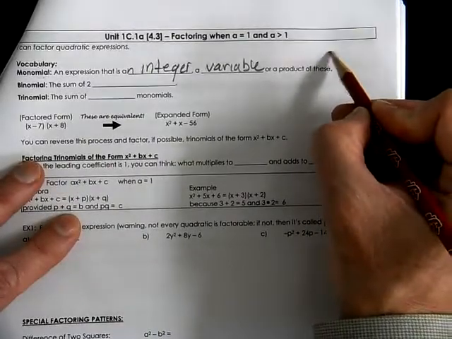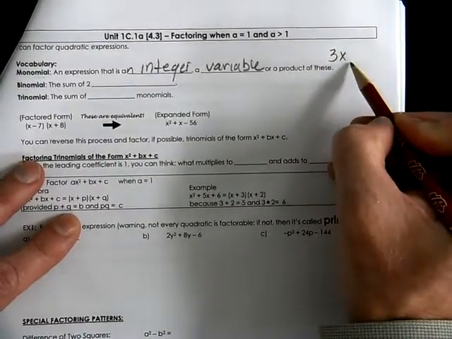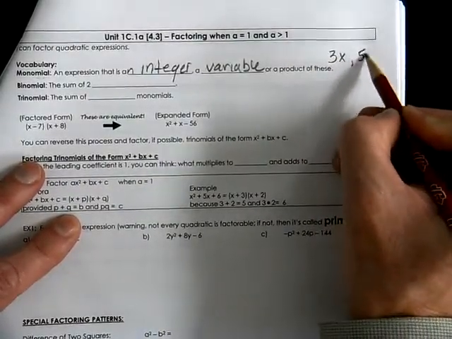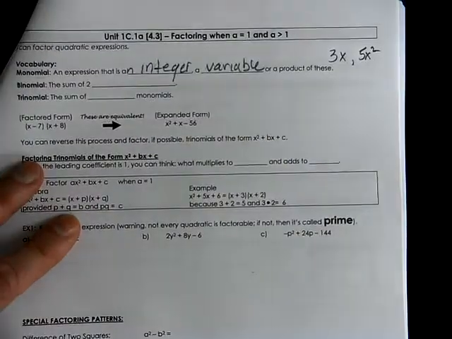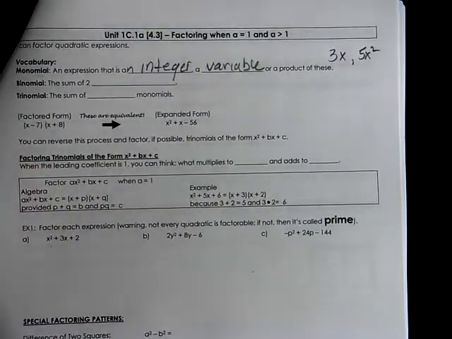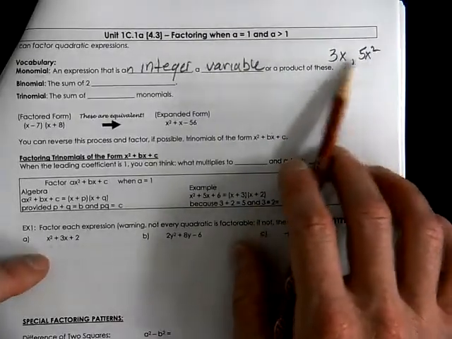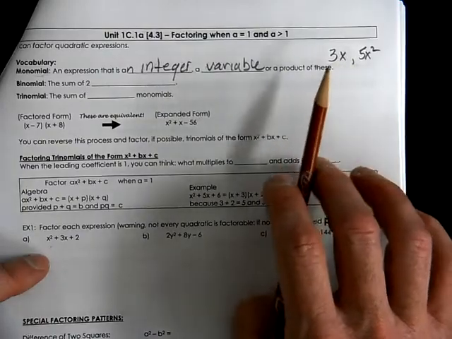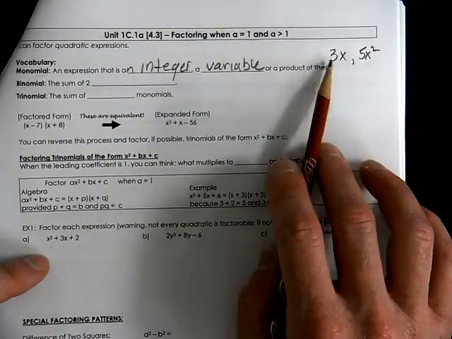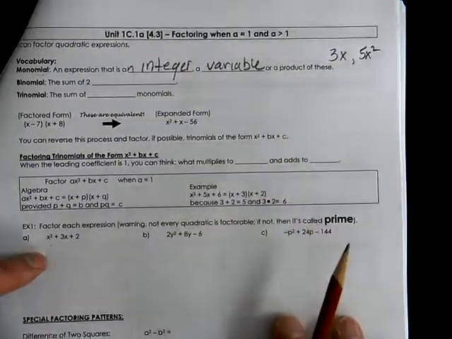For example, it could be 3x, it could be 5x squared. Those would be examples of monomials. Anything multiplied together without any pluses or minuses involved. Negative is okay, but not minuses between terms.